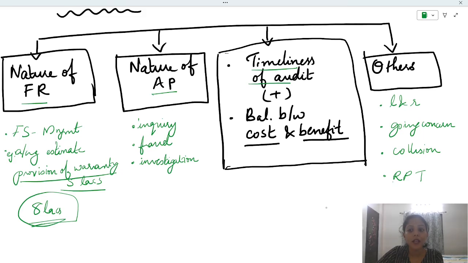So some information may be concealed, and we can't judge the related party transactions in full. Even though they say they have given complete information, we can't say that it is 100% correct, or that they have given it in full. So these are the inherent limitations of audit.